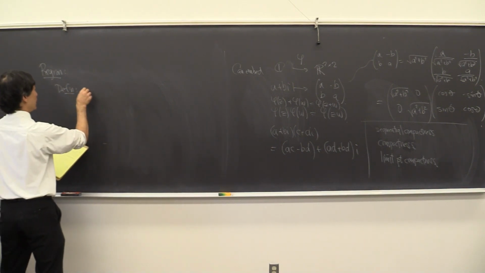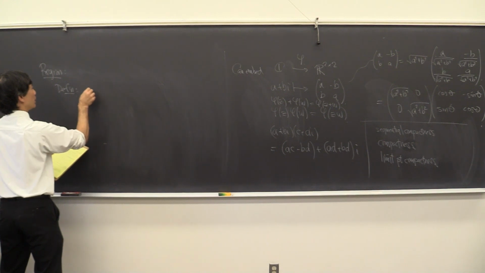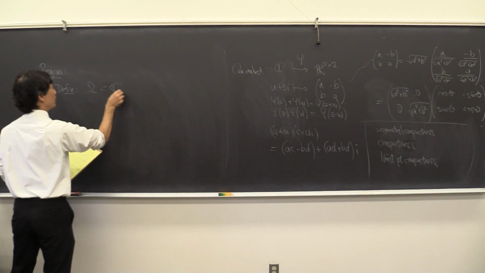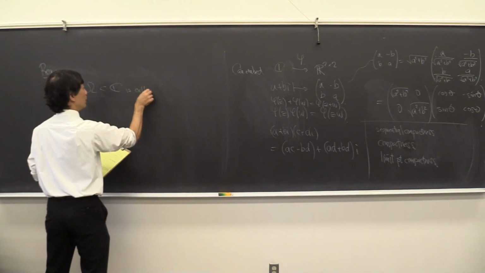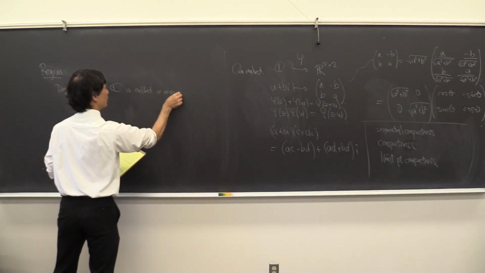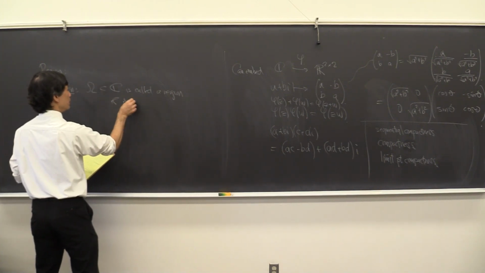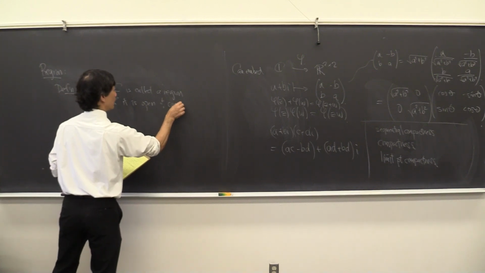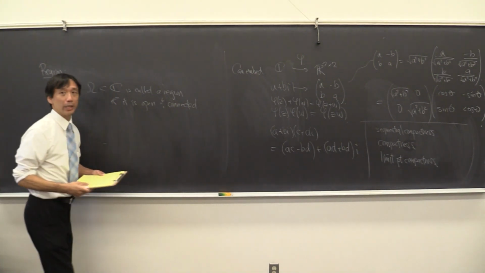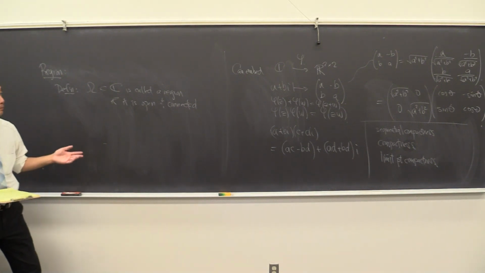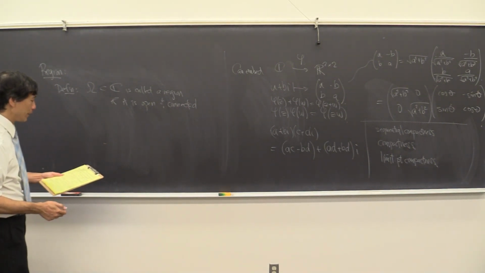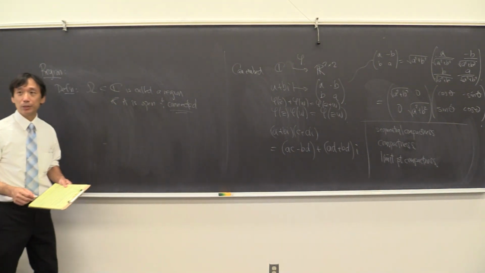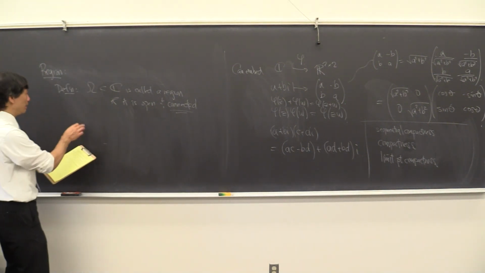We call omega a region if it is open and connected. So any open connected set is called a region. We'll be doing a lot of theorems on regions. I'm going to assume that you know what connected means. That should have been in your background.